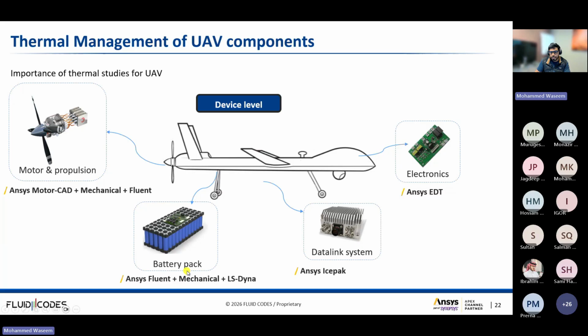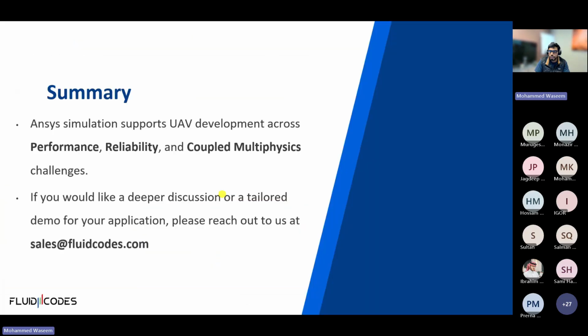For battery packs, we are going to use ANSYS Fluent, and if needed, we also connect that with Mechanical to perform multi-physics simulations. For the data links as well as the electronics, we use Icepak to predict the board level and enclosure level temperatures as well as the hotspots. So this just gives you a flavor of how temperature looks.